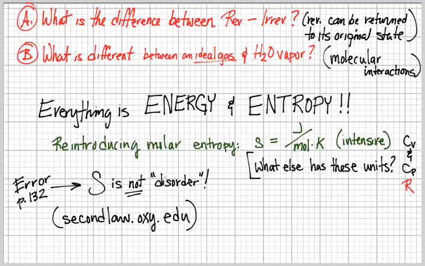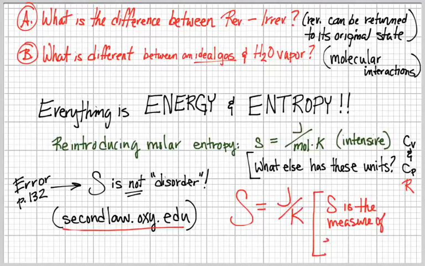There's a great educator, Frank Lambert, who developed this secondlaw.oxy.edu site to really move forward in the modern idea of entropy, because entropy itself, there I've got the extensive version of entropy in joules per Kelvin, that's a capital S. Entropy is really going to be the measure of energy dispersal.